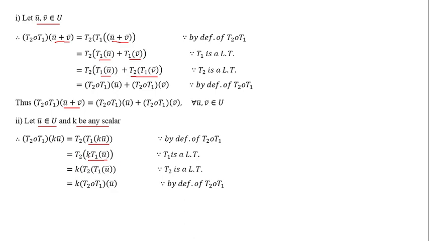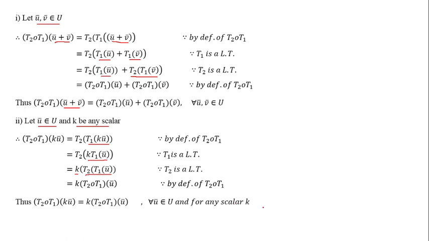Now T2 is a linear transformation, so you can take this k outside. So k outside, T2 operating on T1 u bar, and apply the reverse definition of T2 composite T1. So this can be written as T2 composite T1 operating on u bar, and thus we have T2 composite T1 operating on k u bar is k outside T2 composite T1 operating on u bar.